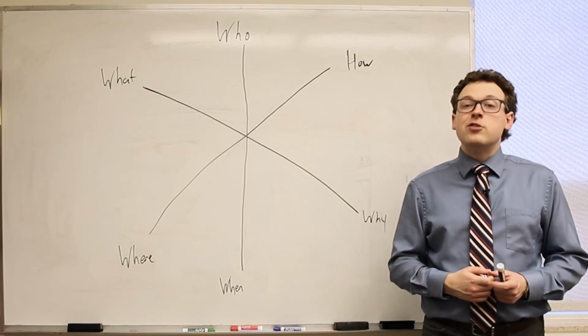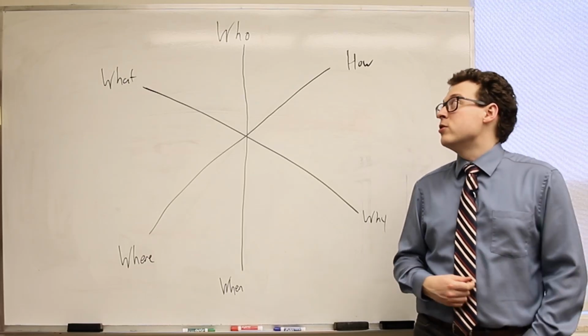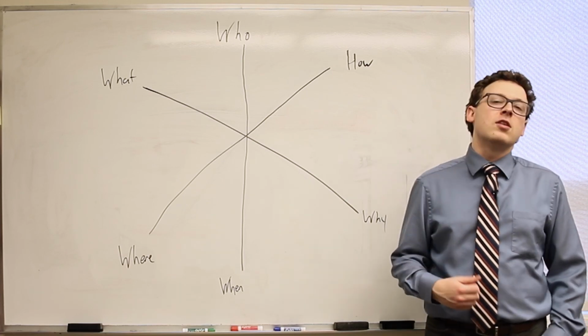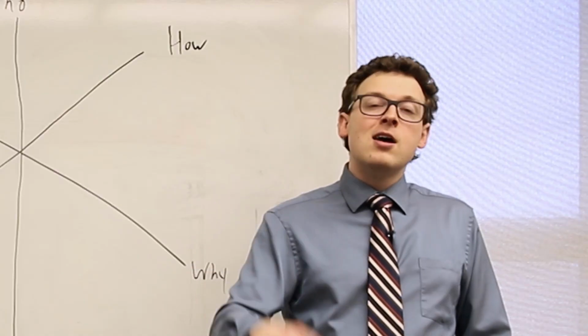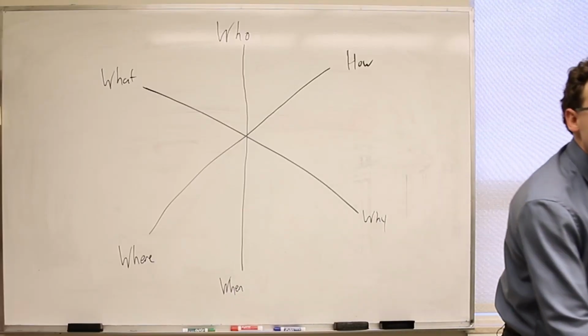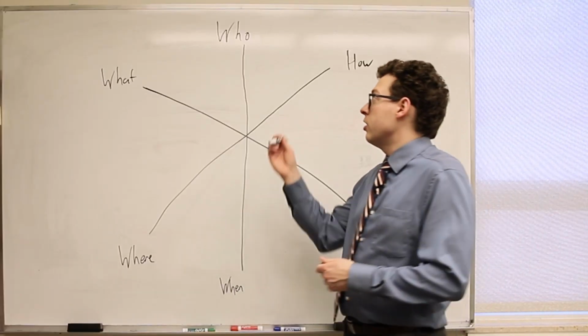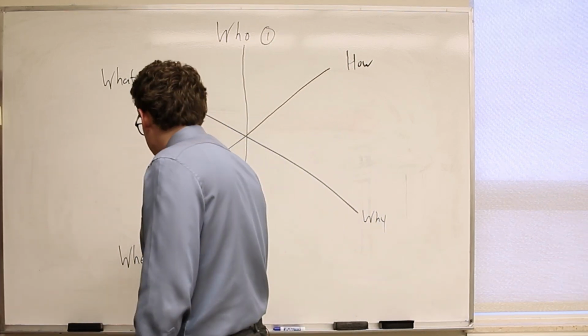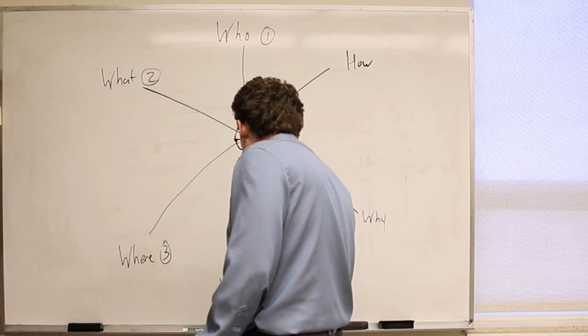Now there are two ways to do this. You can do it the boring way where you start with who and come up with questions, and then what and questions, and then where, or you can make it a game. So what we're going to do is assign each of these questions a number, starting with who for 1, what for 2, where for 3, and so on.